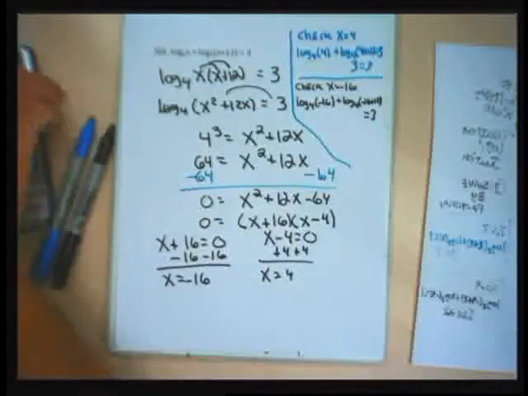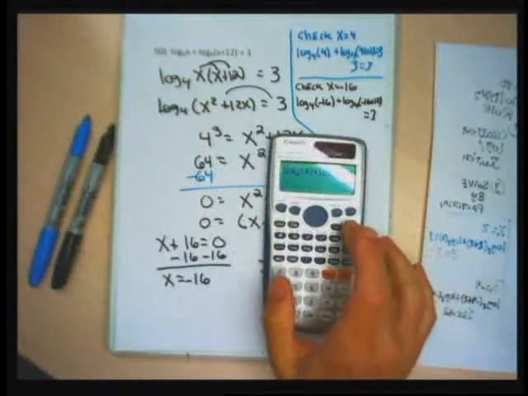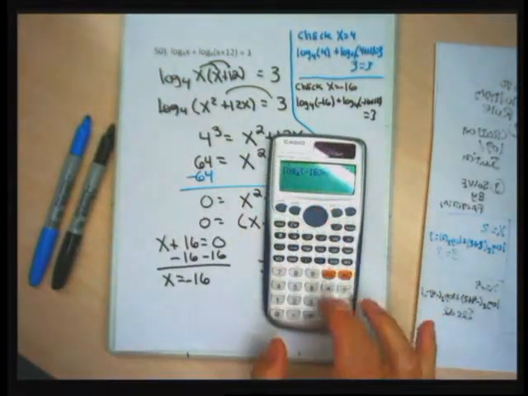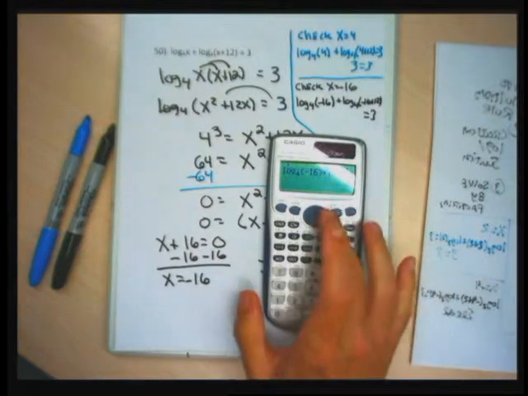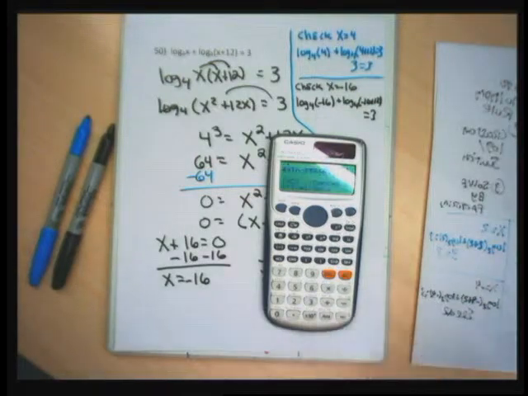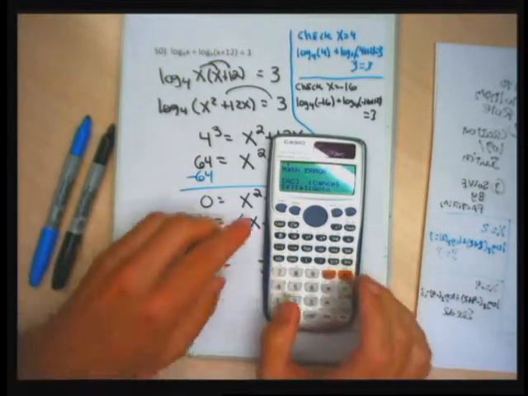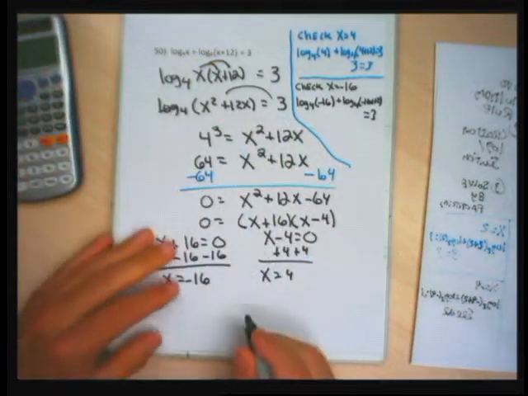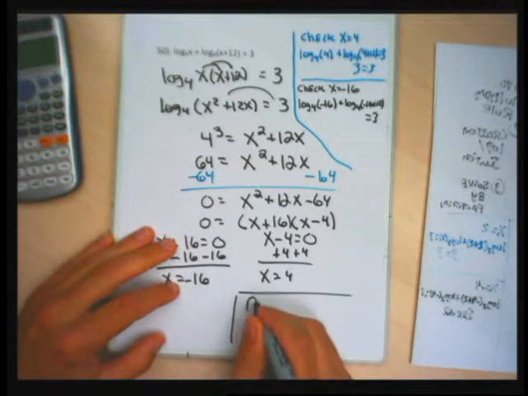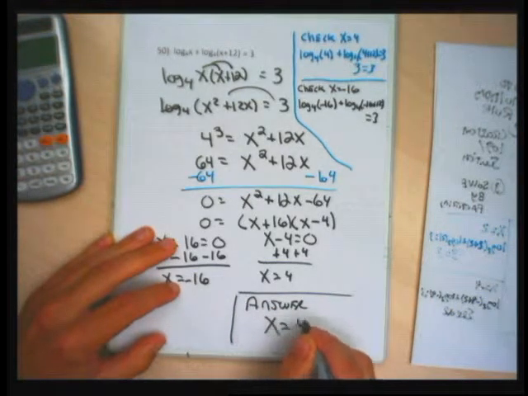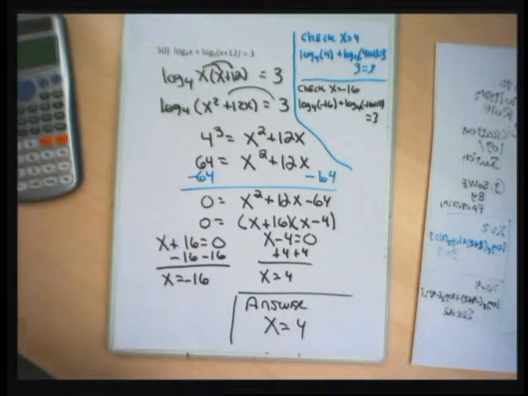If I tried to check this fully and did the log base 4 of negative 16, error, plus the log base 4 of negative 16 plus 12, which is going to be another error, I get an error, and an error doesn't equal 3. Because an error doesn't equal 3, negative 16 doesn't check. And for my answer, I only include solutions that check. I don't include solutions that don't check. So I'm going to write x equal to 4 and be done.